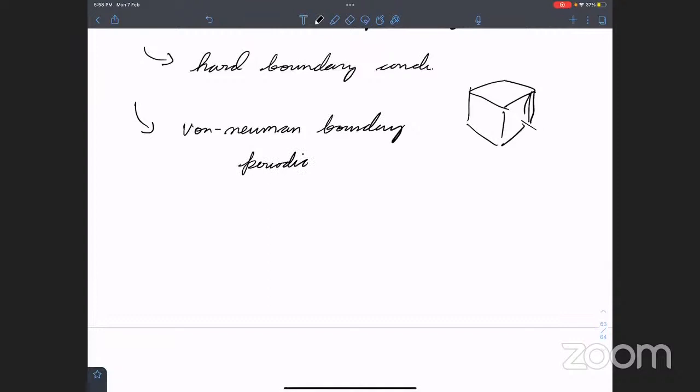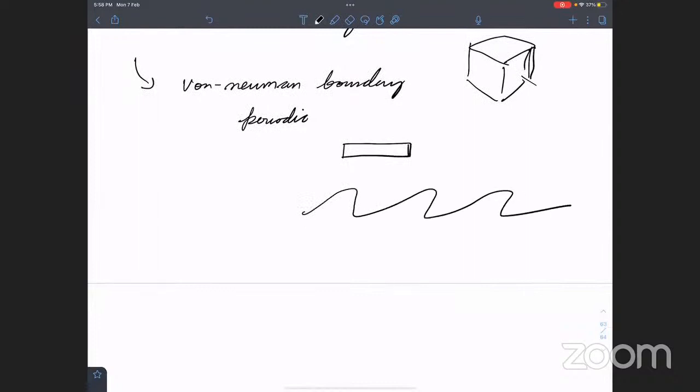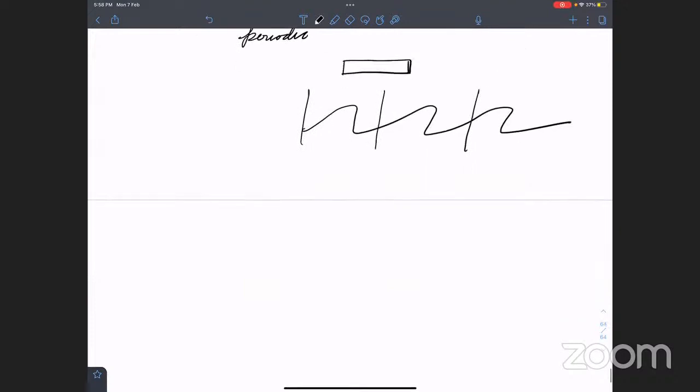And I'll tell you the reason for why they do this. But let me tell you what a periodic boundary condition is, first of all. Imagine a periodic function. Any function that is periodic obeys the following property: f of x is equal to f of x plus L, where L is the periodicity.